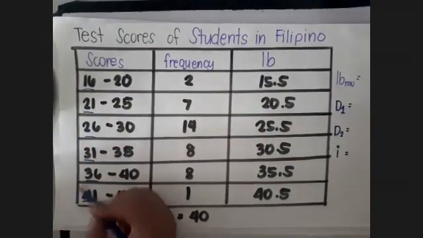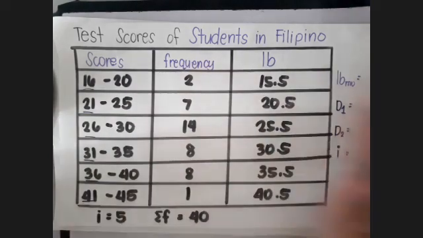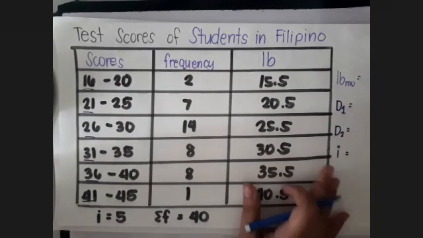O class. Nagma-minus tayo ng 0.5. Teacher, bakit ito lang yung nilagay ko? Kasi yun yung nakalagay sa formula. Kailangan lang ng lower boundary ng modal class, tsaka yung frequency. Hindi na kailangan yung less than cumulative frequency kasi sa median yun. Para mas umikli yung table, ito na lang.